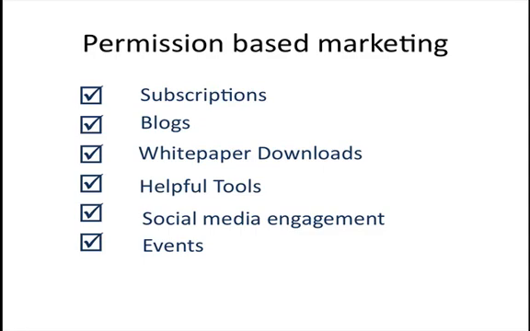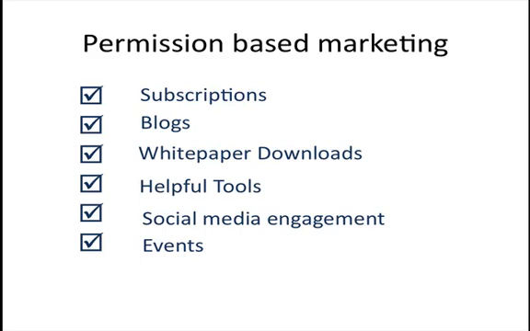Now, there are a lot of different ways to get people to give you permission for permission-based marketing. Subscriptions are obviously the most obvious way. Add a newsletter subscription box to your website. I'm sure that Vertical Response has a widget you can use to do this. Yep. Blogs are another great way to get people engaged.